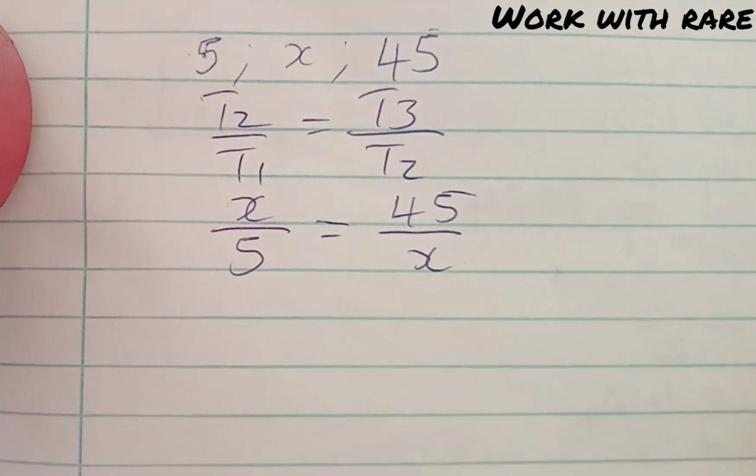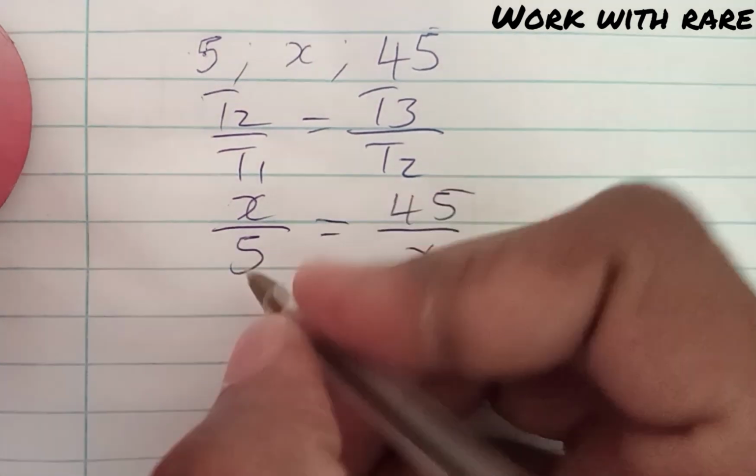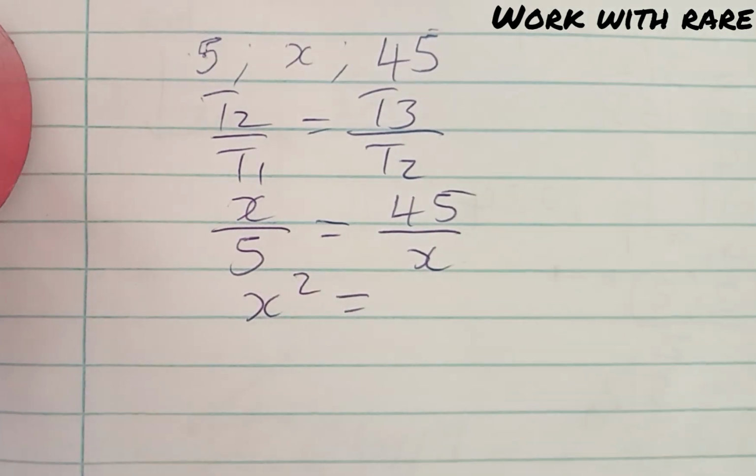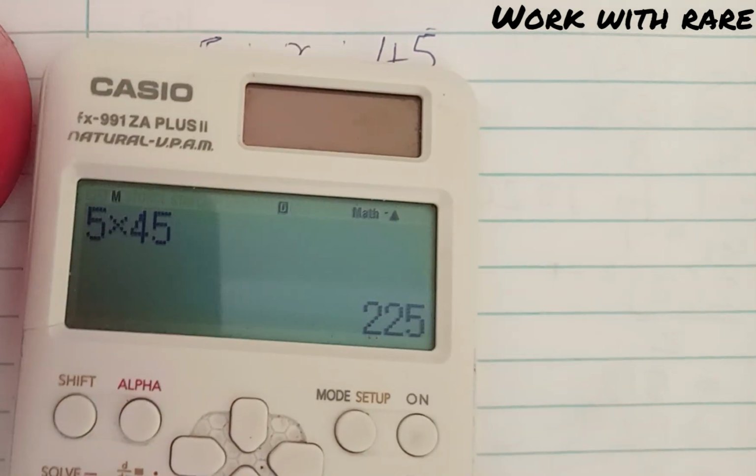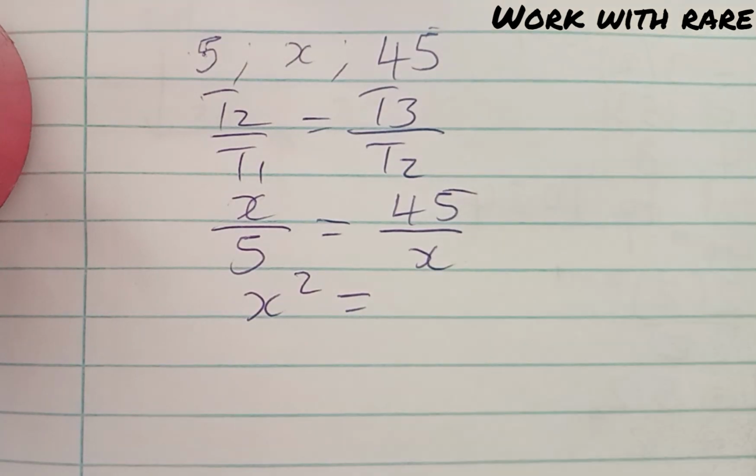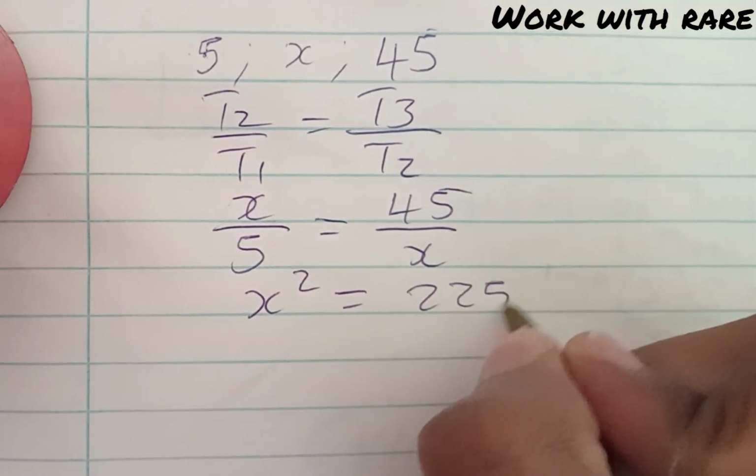Okay, so I will have to cross multiply. So I'll say x multiplied by x, it's x squared. Then 5 multiplied by 45 is 225, you see. So I'll write 225 here.